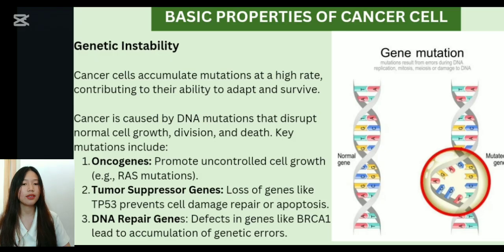Next, second is tumor suppressor genes. Nangyayari ang TSG kapag ang genes tulad ng TP53 ay nawala, so the cell can't repair, or yung TP53 is hindi na nag-function. So yung cell is can't repair damage or undergo cell death. So, si TP53 gene, ang role niya is mag-provide ng instruction for making a protein.